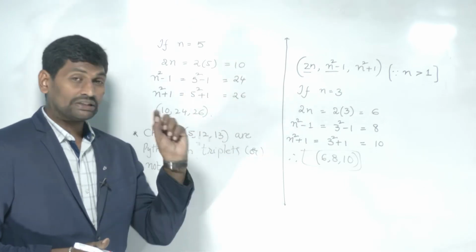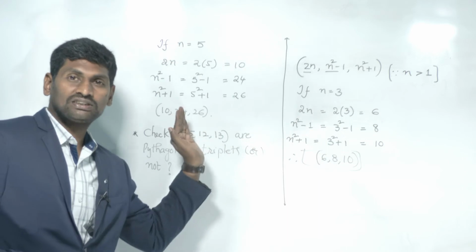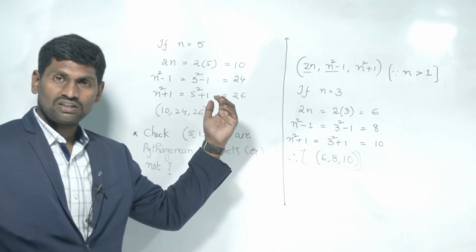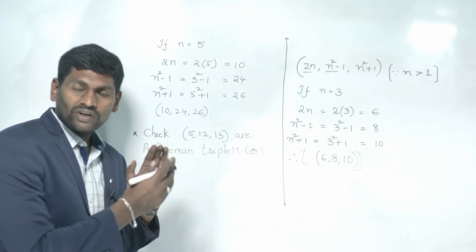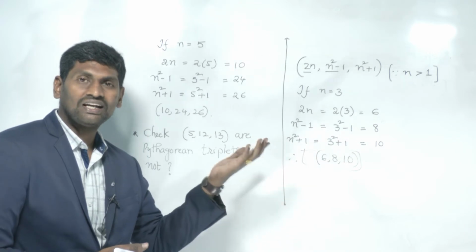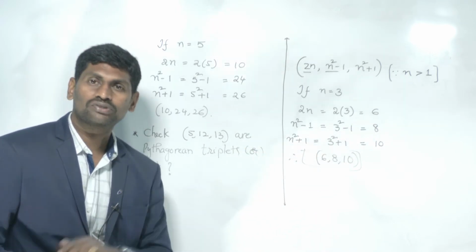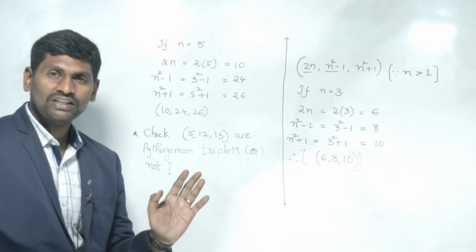Like the previous 3, 4, 5 Pythagorean triplet: first number square plus second number square gives the square of third number. The square of the first number and the square of the second number, and their sum will give the square of the third number. Then we can say the three numbers are Pythagorean triplets.